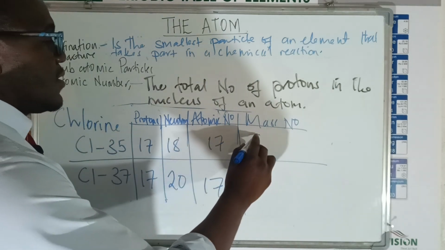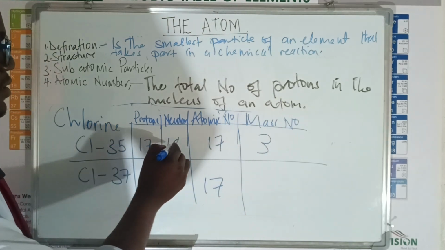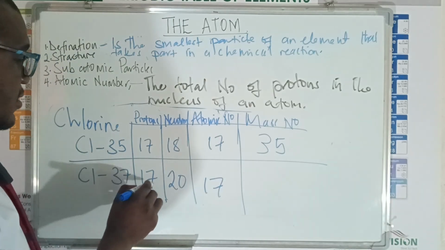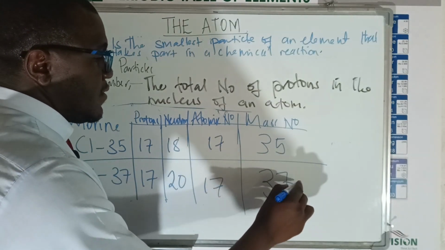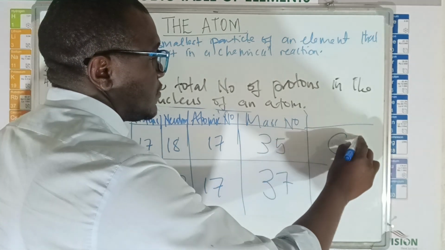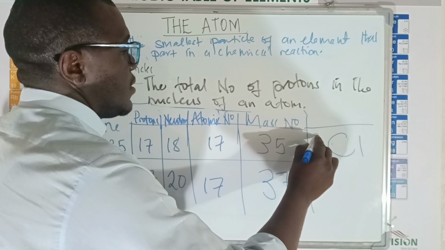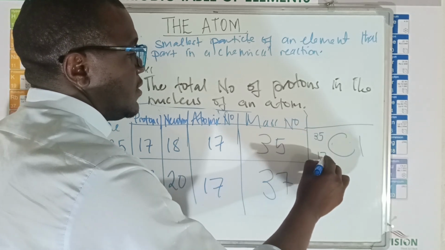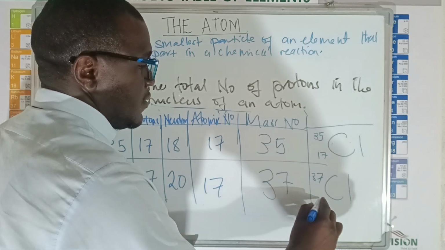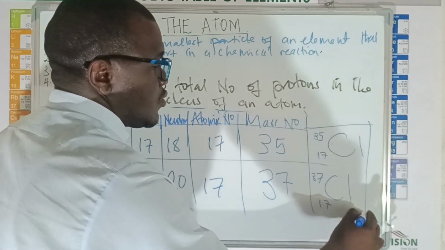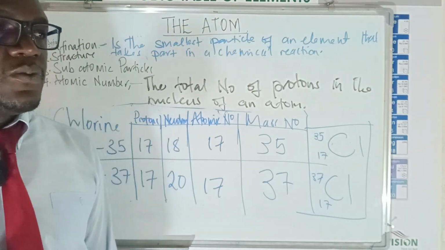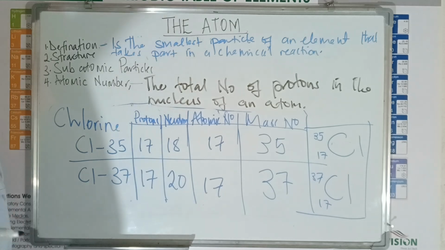The mass number here, if you add 17 and 18, you get 35. Here, if you add 17 and 20, you get 37. So this one is chlorine 35, 17. This one is chlorine 37, 17. So these two are isotopes, atoms of the same element with the same atomic number but different mass numbers.